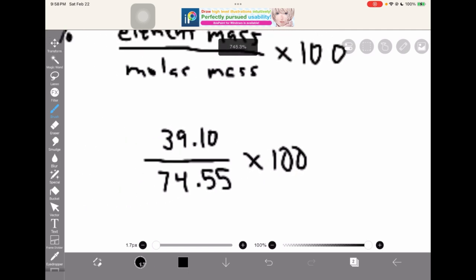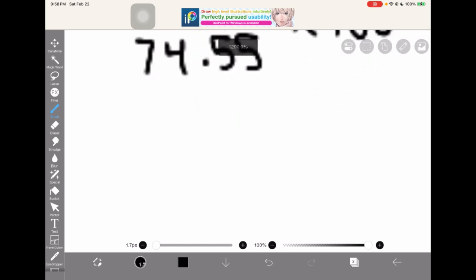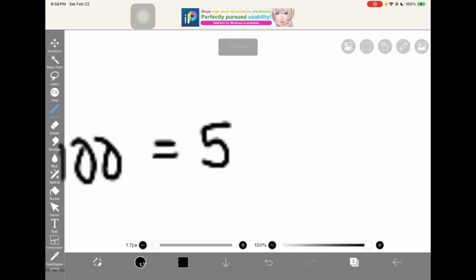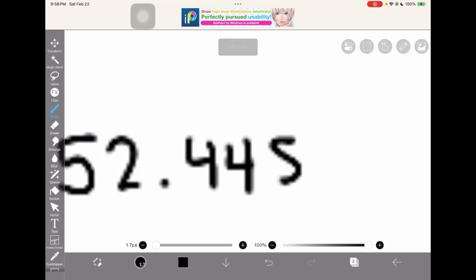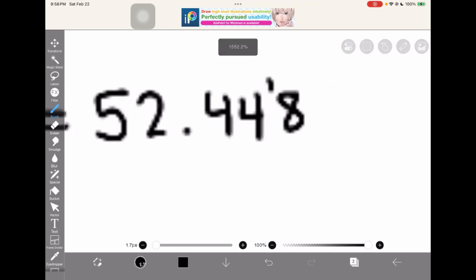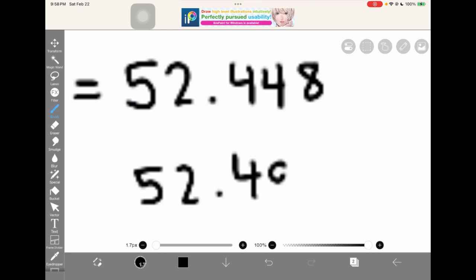Let's put that in our calculators. 39.10 divided by 74.55 first. Then we times that by 100. And that's equal to 52.448. Or, since we have an 8 over here, we need to round off to 52.449%.